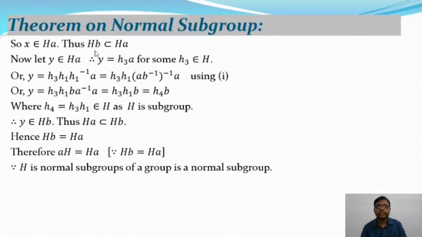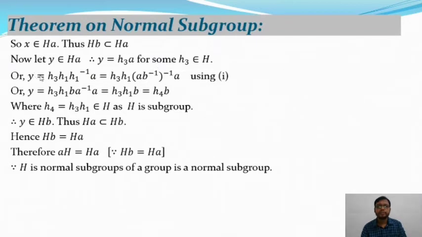So thus HB is a subset of HA. Now let Y be an element that belongs to HA. Then Y is equal to H3 into A for some H3 belonging to H. So this can be written as this.